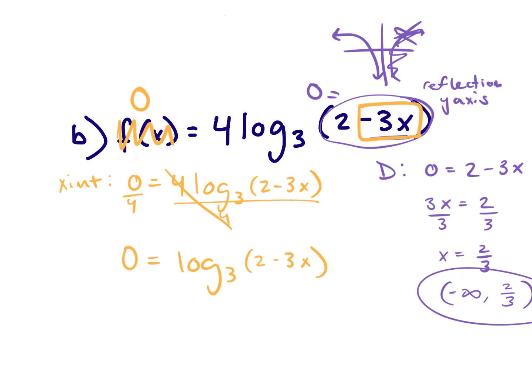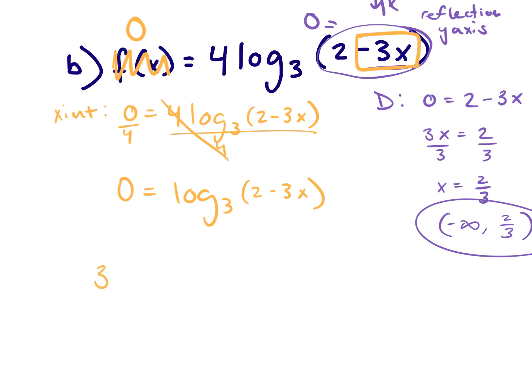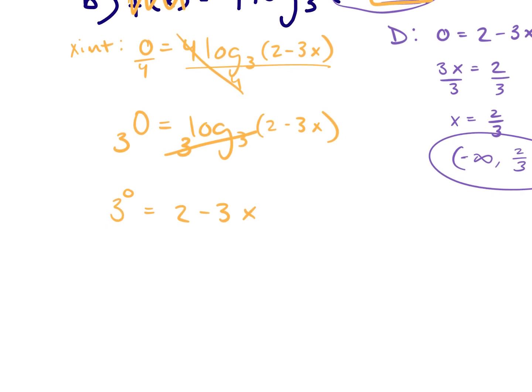What's next? Put it in exponential form. We're going to say 3 to the power of 0 is equal to, if we raise both sides with the big base 3, this cancels, so 2 minus 3x. What's 3 to the power of 0? 1 is equal to 2 minus 3x.